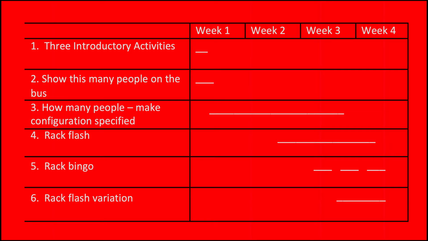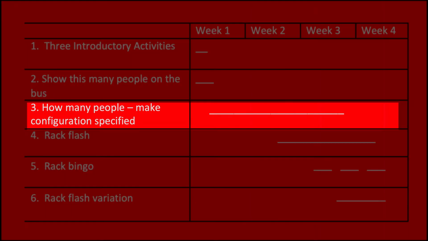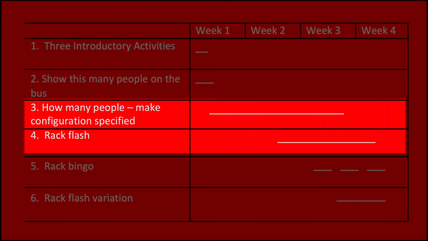For example, the third activity, in which students make the configuration on their racks that the teacher specifies and then figure out the total, begins within the first few days and continues through the second week and possibly into the third week.